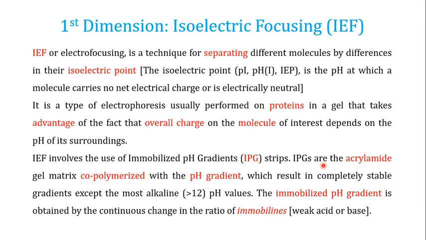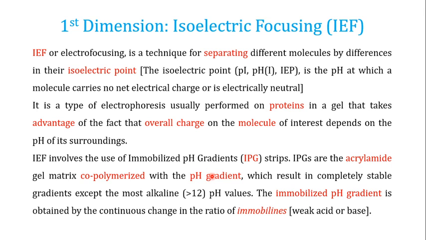Now these IPG strips are actually polyacrylamide gels which are copolymerized with a pH gradient. That means you will be having a polyacrylamide gel, but the pH of the gel at different spots will be different from each other, so you will be having a gradient of pH on this polyacrylamide gel.